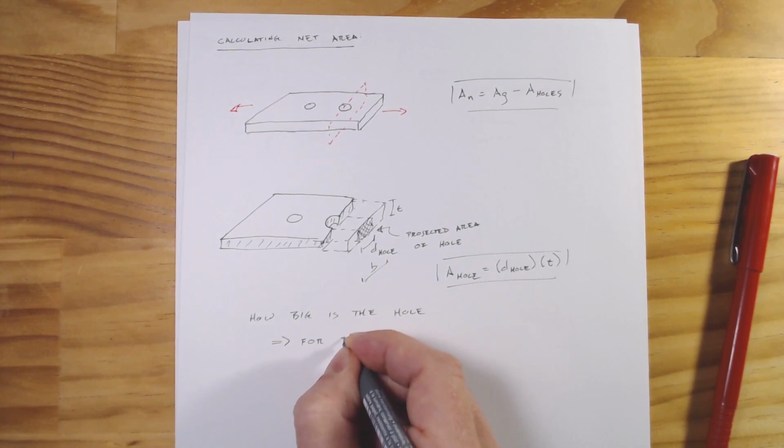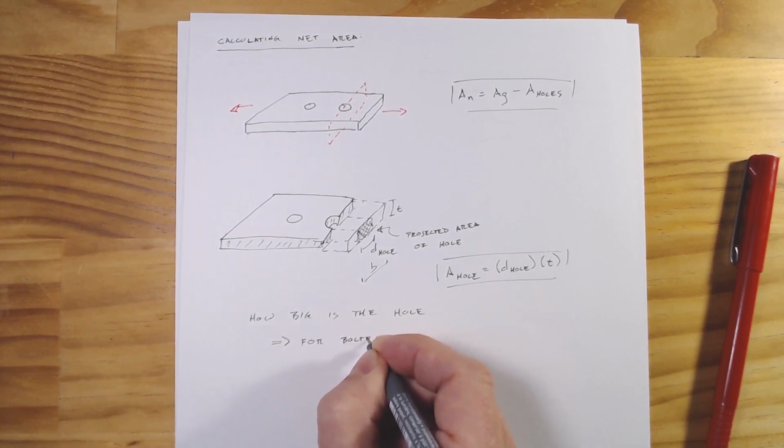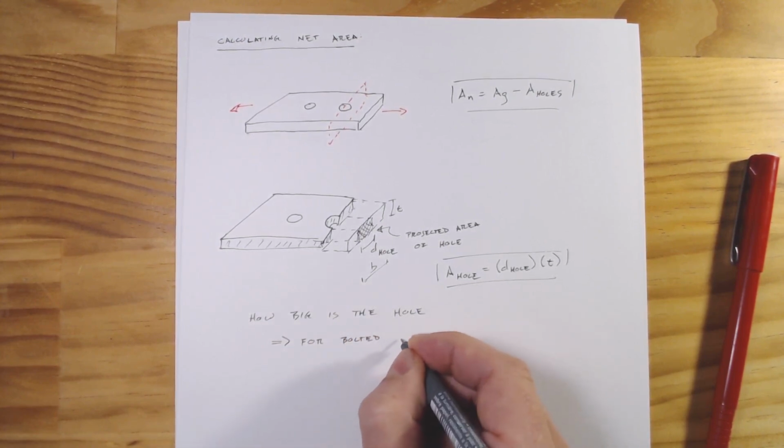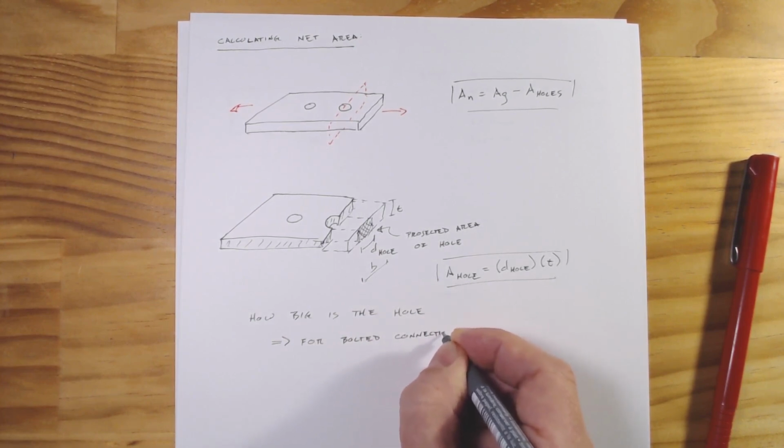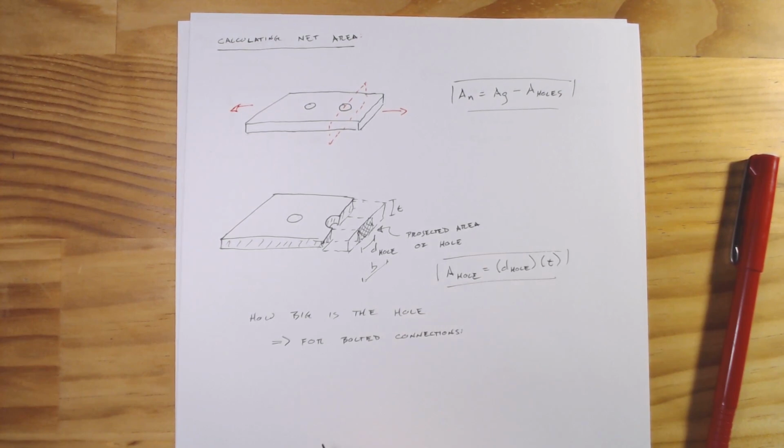So for bolted connections, for the diameter of the hole, we're not able to have a hole which is the same diameter as the bolt.